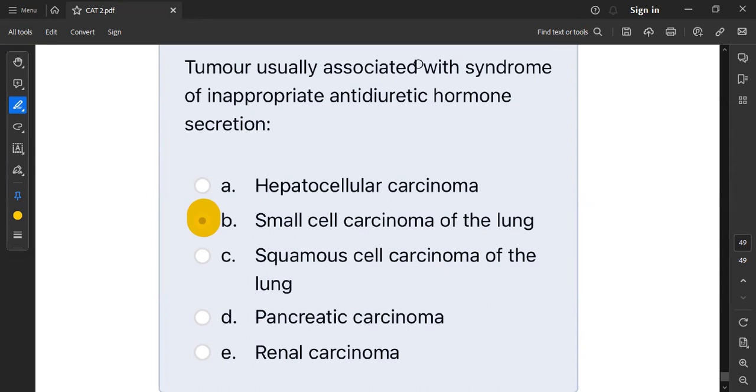As we wind up the last question, maybe we can list the non-small cell carcinomas of the lung. Any others? Squamous cell. Good.